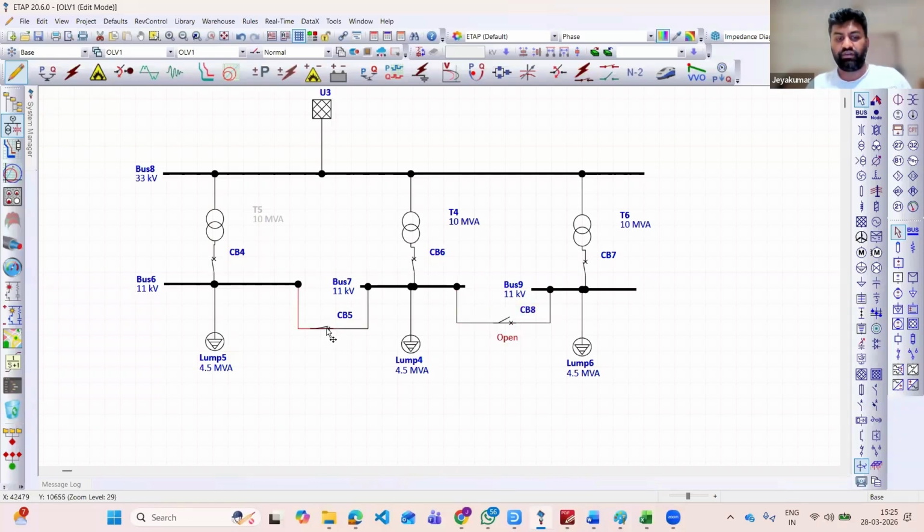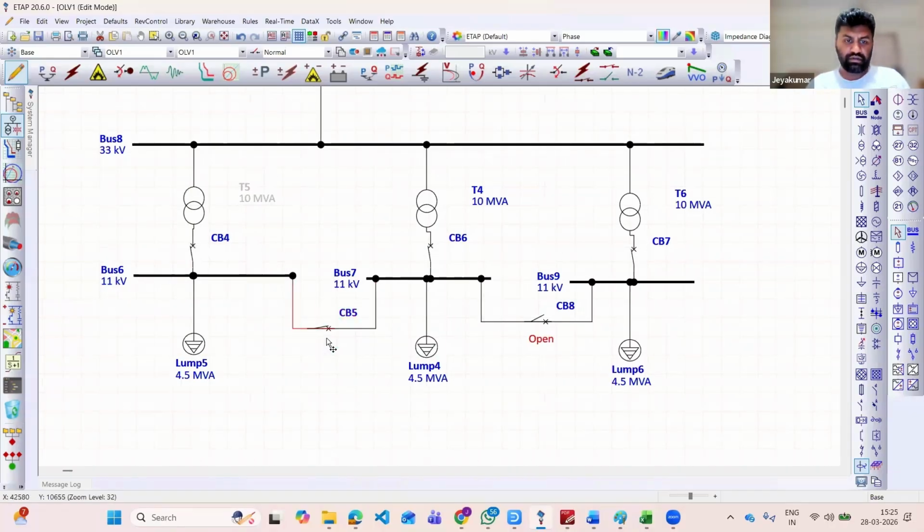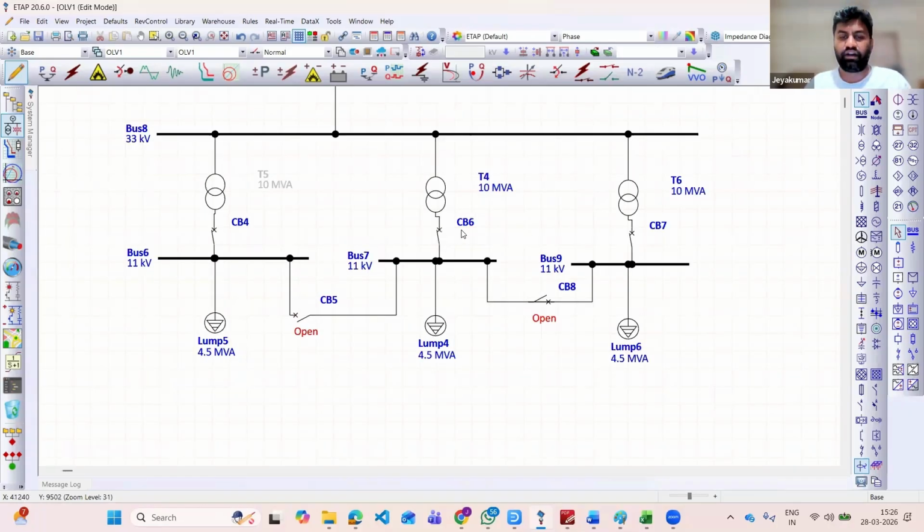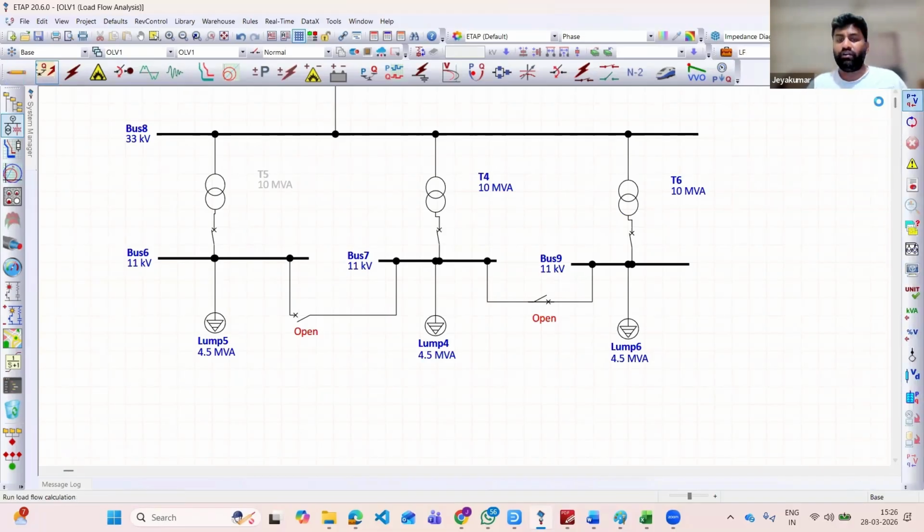So this will be opening, it will be going like that. One second. Yeah, you put it like that. Okay. In ideal condition, what happens? See, all three transformers will be loaded individually, right? Individually, it will be loaded.